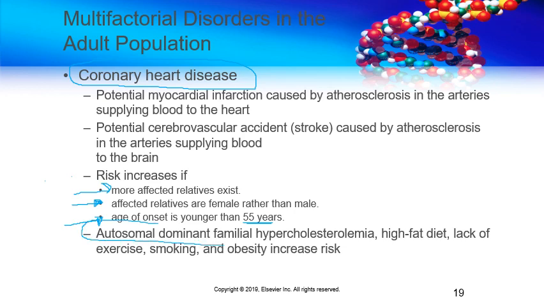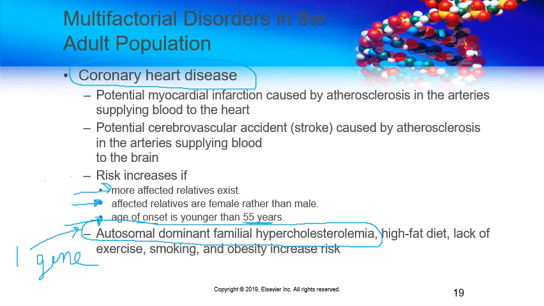Now, look at these things that also increase the risk. Autosomal dominant familial hypercholesterolemia. Autosomal dominant, for those of you watching this prior to lecture, that means the person only has to have one gene in order to express the disorder, okay? So if they've got that one gene, they're going to have familial hypercholesterolemia.